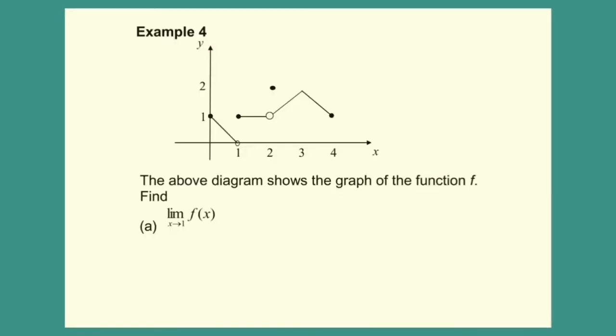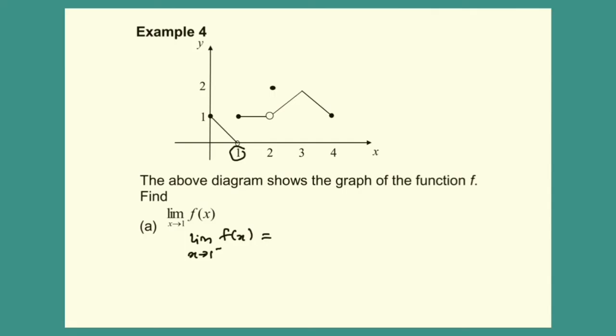Example 4. The above diagram shows the graph of the function f. Find limit f(x) as x approaches 1. Okay, find limit f(x) as x approaches 1 from left. Now look at x equal to 1 here.